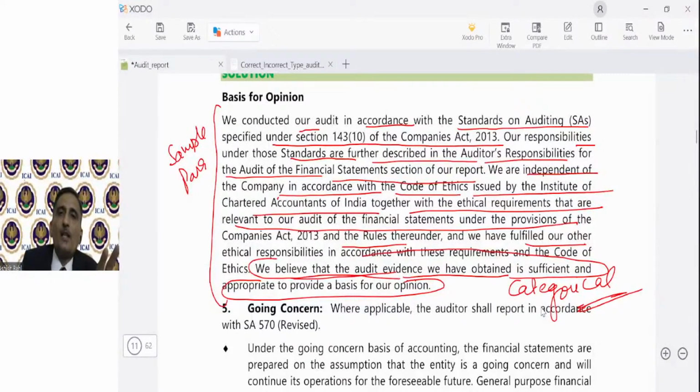In your language, are you able to understand the concepts the way you understand? Yes, guys. You are saying clear.